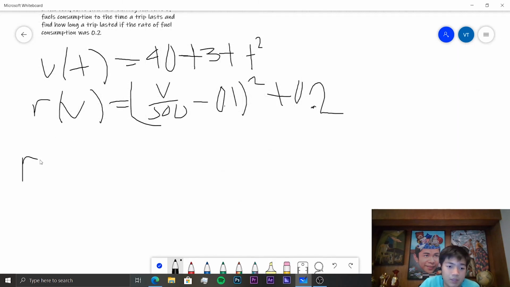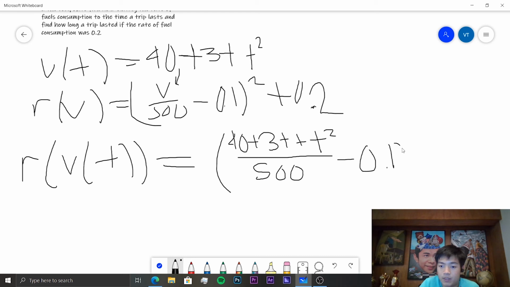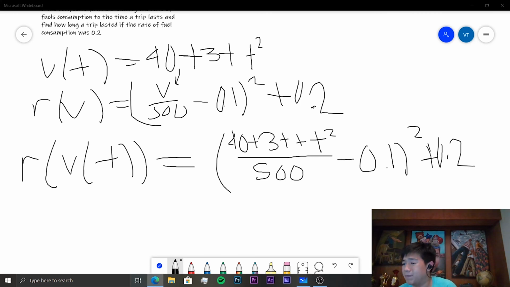So the composite function would be r of v of t, which would be equal to, well, we substitute this into here. So this would be 40 plus 3t plus t squared over 500 minus 0.1 squared plus 0.2. And I think that's enough. I don't think we need to simplify it because it would be very confusing.